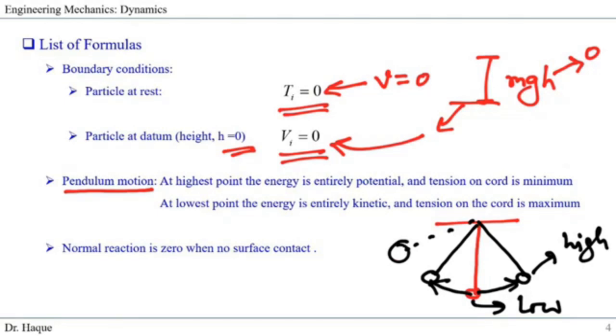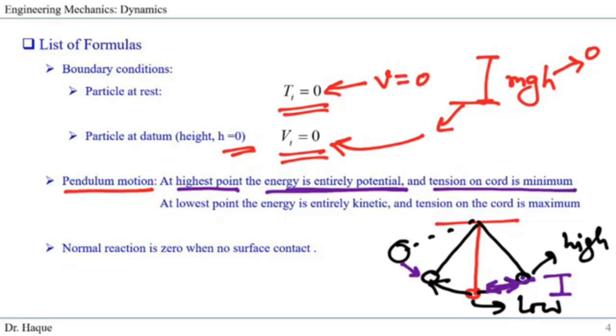At the highest point, when it stops and goes back, the energy is entirely potential, depending on the height, and the tension on the cord is minimum. The tension is minimum because at the highest point the weight is downward.